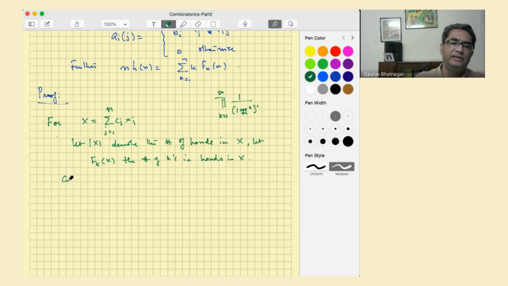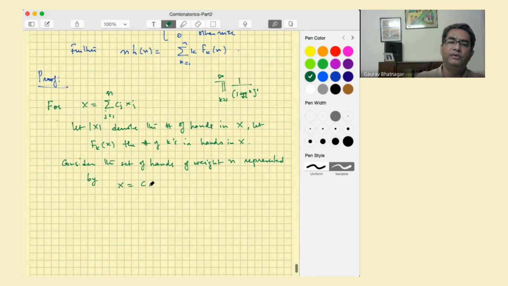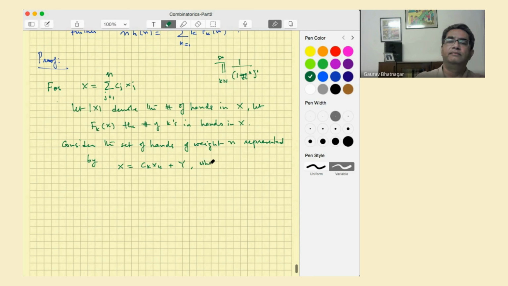So consider the set of hands of weight n represented by, so I'm just taking out one of the k's here and then keeping the rest in Y, where j is not equal to k.